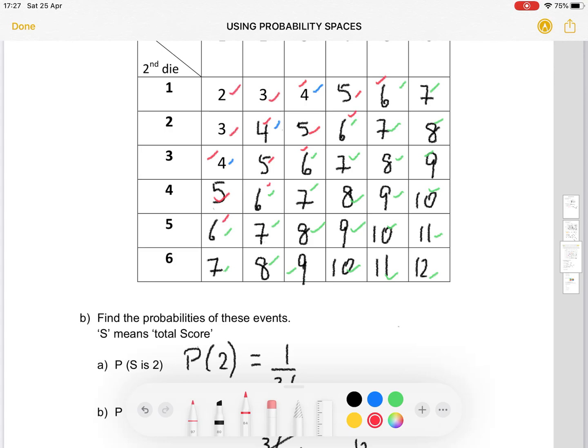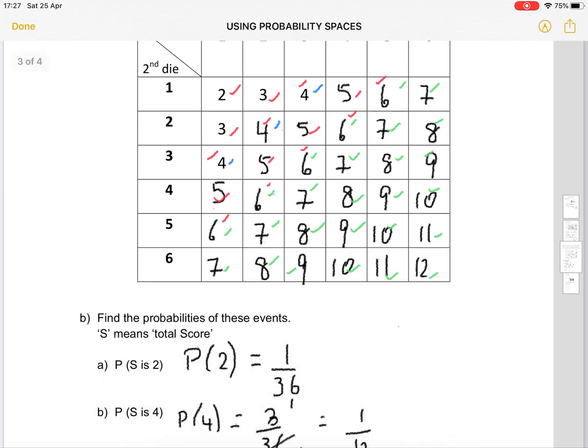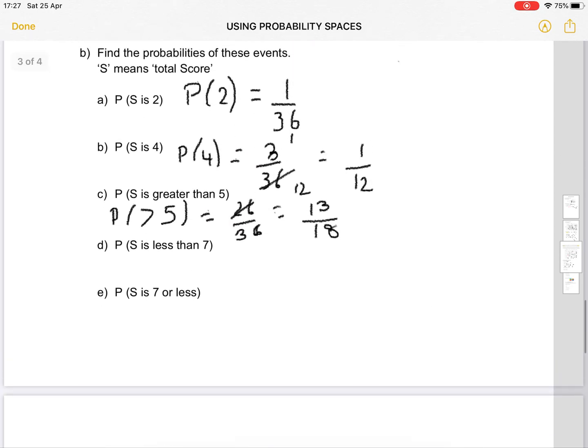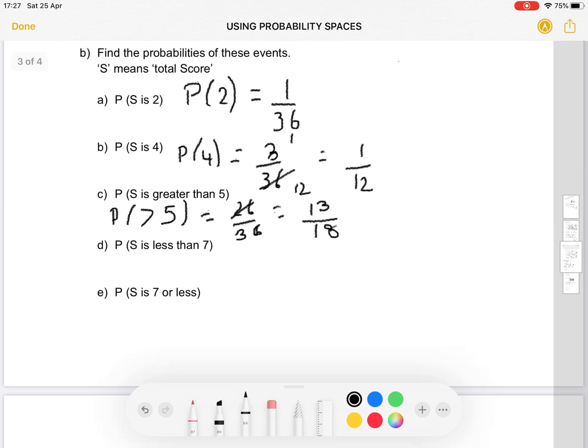If we count them: 1, 2, 3, 4, 5, 6, 7, 8, 9, 10, 11, 12, 13, 14, 15. It's 15 out of a total of 36. So let's write it down: probability less than 7.